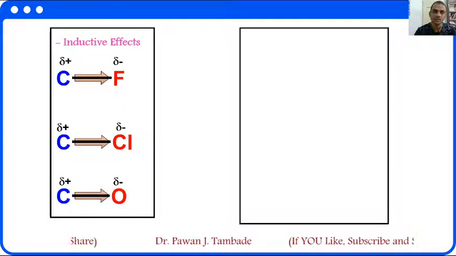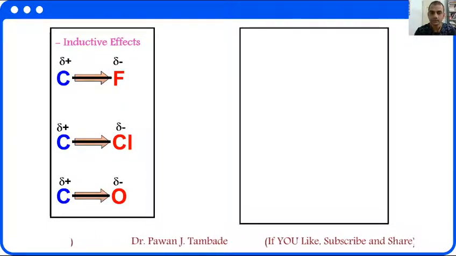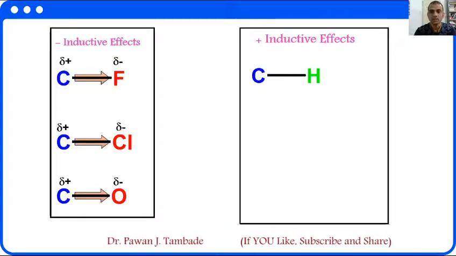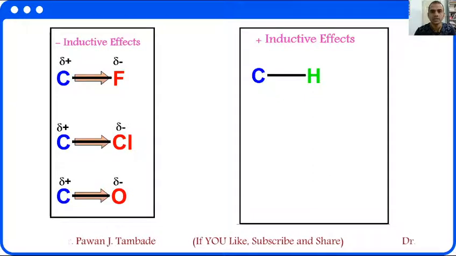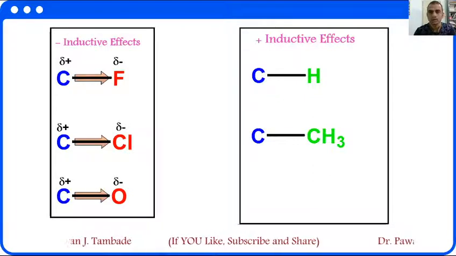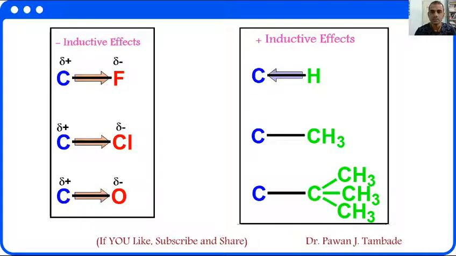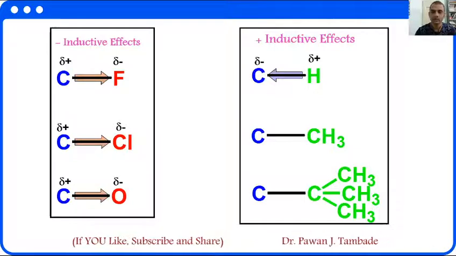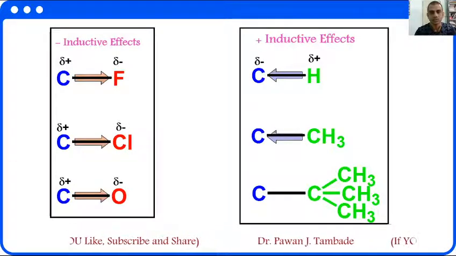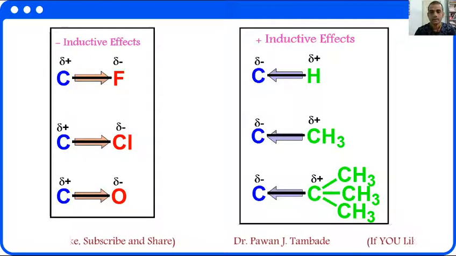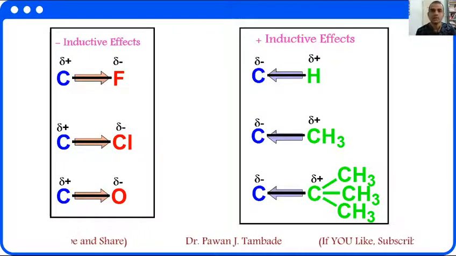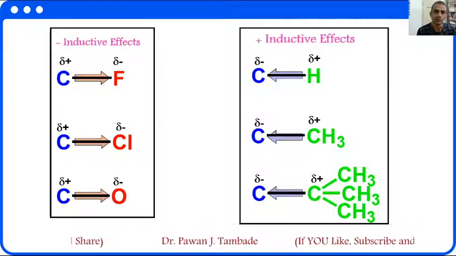Let us have a look at some examples of positive inductive effect. Consider a bond between carbon and hydrogen. In this case, carbon is comparatively more electronegative than hydrogen. Similarly, consider a bond between carbon and CH3. In this case, electron density goes towards the carbon framework and thus carbon gets a partial negative charge, and such an effect in which electron density moves towards the carbon framework is called positive inductive effect.